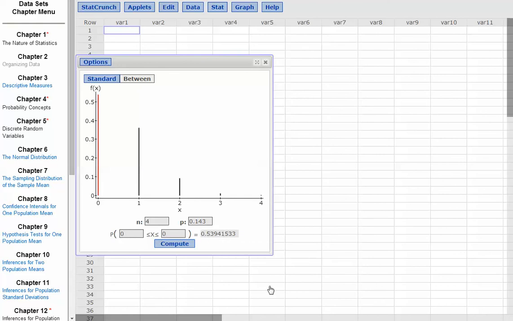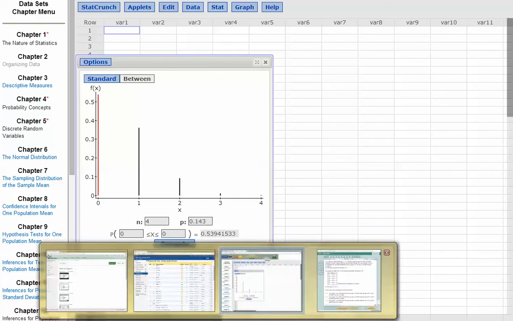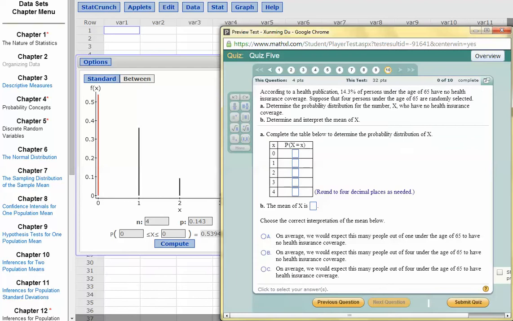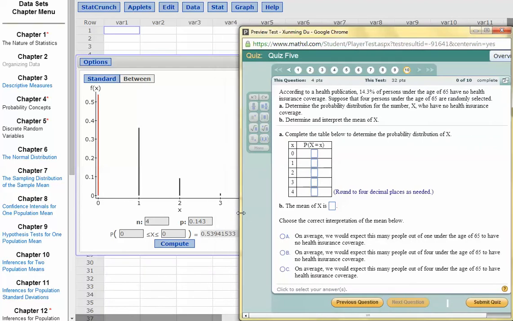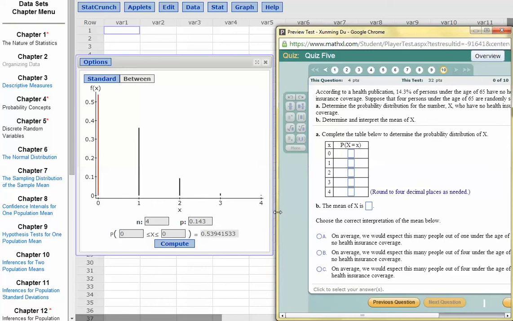The result is 0.5394153. So you may input your answer right down here, rounded to 4 decimal places as needed.